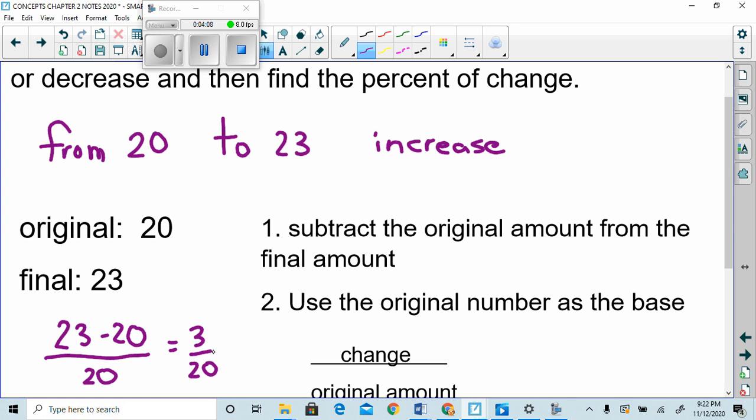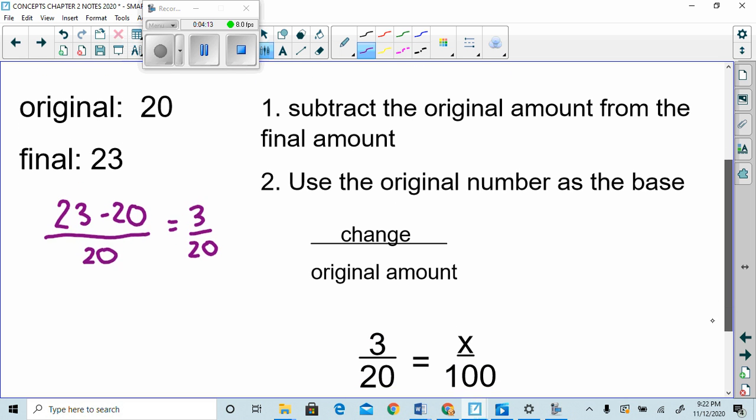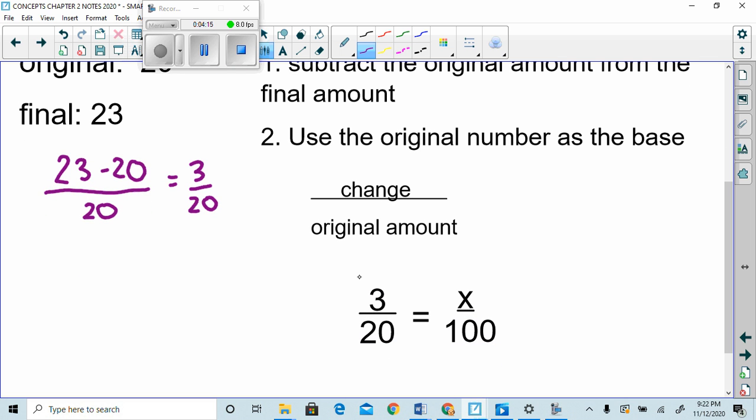Now I have to change this to percent, and there's several ways to do that. And one way is with a proportion, which we just finished talking about. 3 is to 20 as x is to 100, because remember, percent is per 100, and we don't know what the percent is. If we choose this method, we'll have 20 times x is equal to 3 times 100.